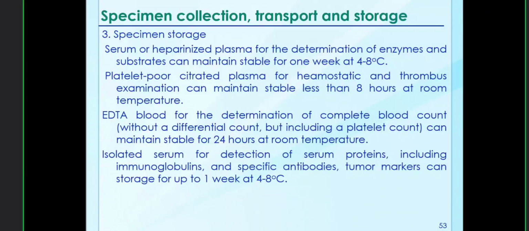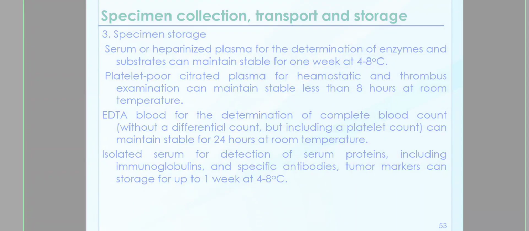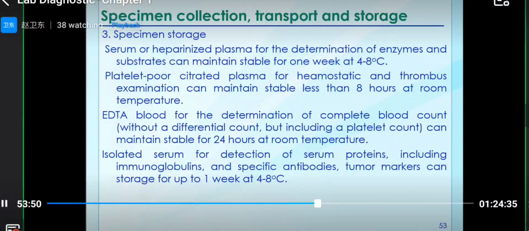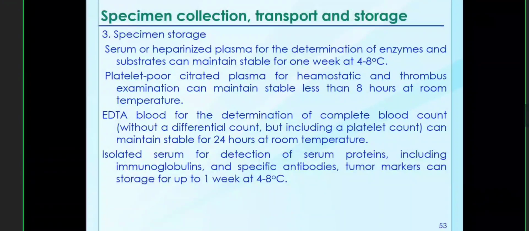Okay, next slide is for the specimen storage. Serum and heparin plasma for the determination of enzymes and substrates can remain stable for 1 week at 4 to 8 degrees centigrade. Platelet-poor citrated plasma for hemostatic and thrombosis examination can remain stable less than 18 hours at room temperature.